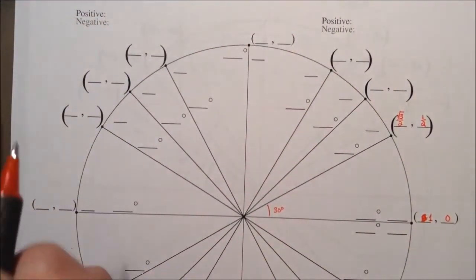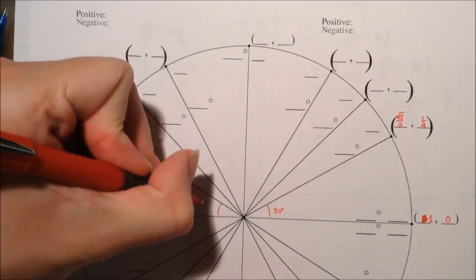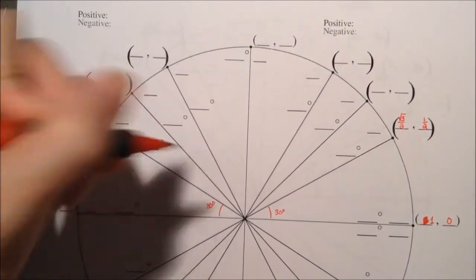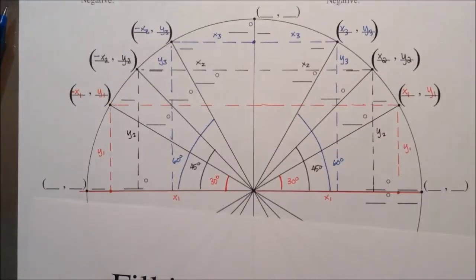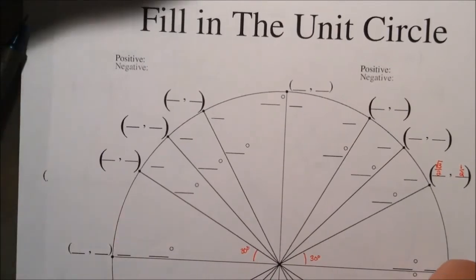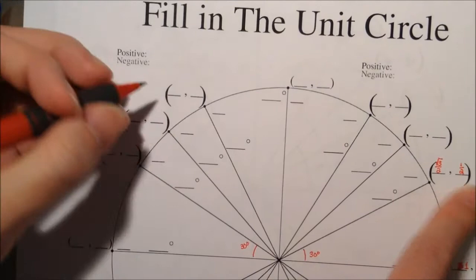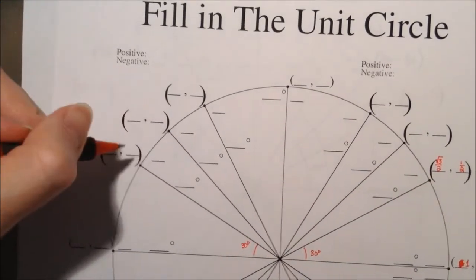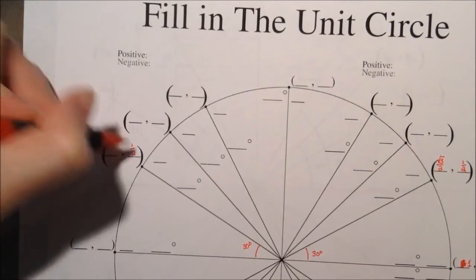Now, if this is 30 degrees from the x-axis, then from the previous picture that we did, it will have the same y value, which is 1/2. So this would be the same height, same y value.